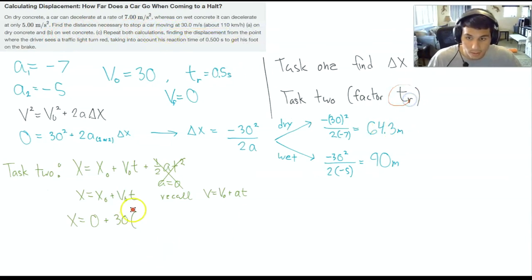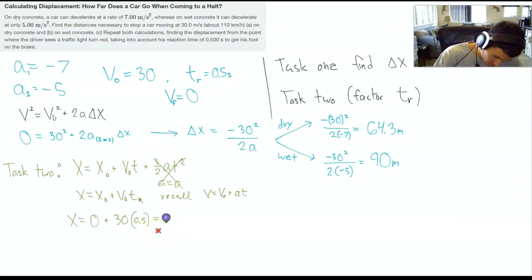And TR, so let's write this as TR here. Okay, so 30 times 0.5, and this is 15. So he travels 15 meters, right? 15 meters before reacting.